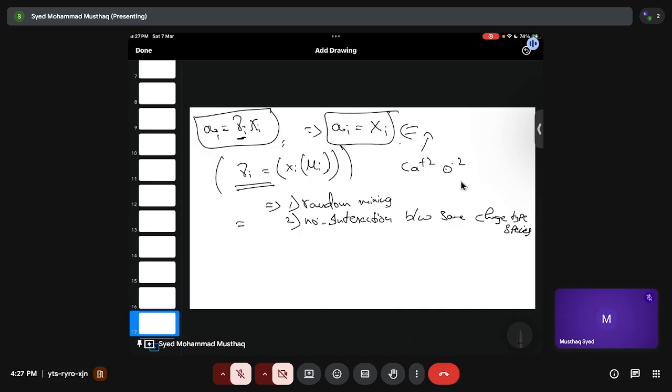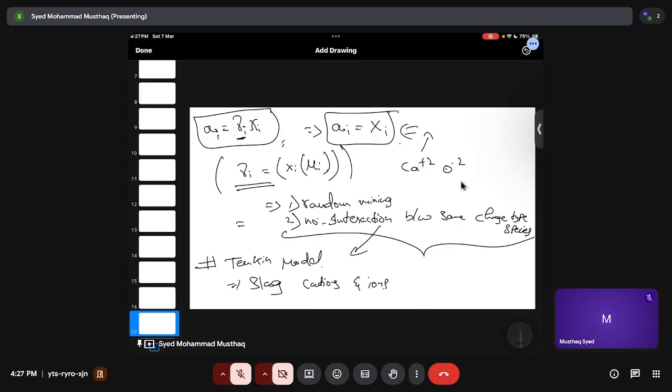Apart from this, there is another assumption in the Temkin model: the slag will have complete dissociation of ions, that means you will find cations and anions separately. So there is no interaction between the same charge, and there is full random mixing.